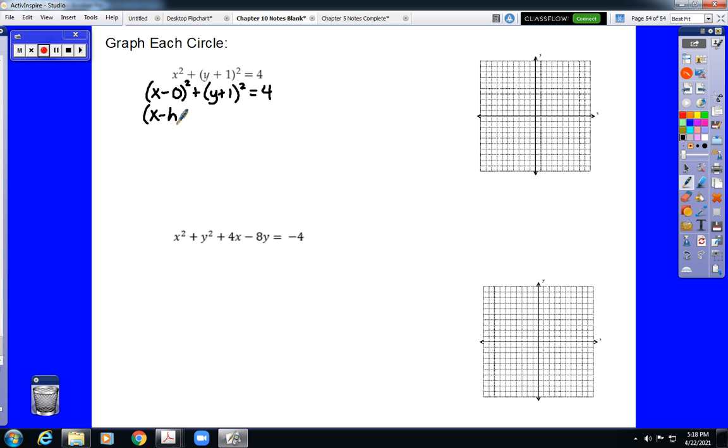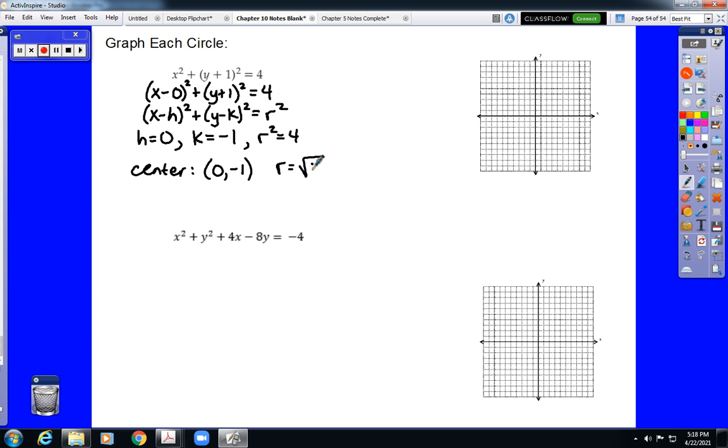That is in standard form, which means h is 0, k is the opposite of positive 1, which would be negative 1, and r squared equals 4. So our center is located at the point 0, negative 1, and our radius is the square root of 4, or 2 units.